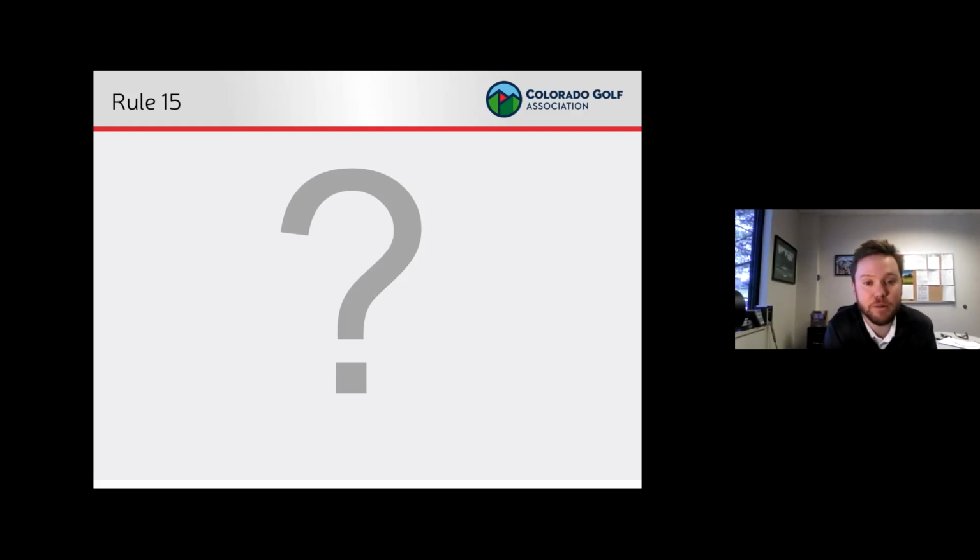The intentionalness of using it as an aim point is not specifically covered, but it kind of is covered because 11.1b exception 2 says you're not penalized for that. Hopefully that answered it. I know that was a long answer.